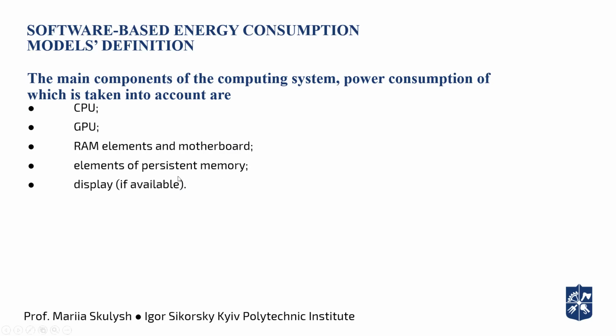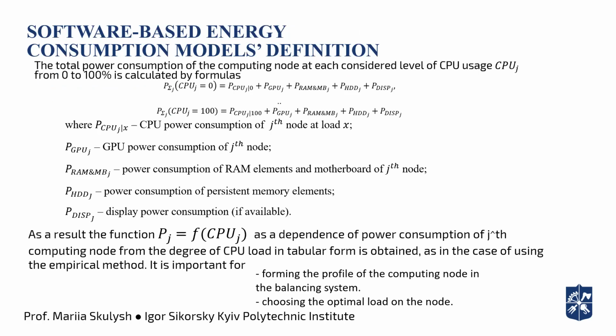As I told you, the main elements are four: CPU, GPU, the graphics processing unit, RAM, some elements for persistent memory, and, if it is available, the display.